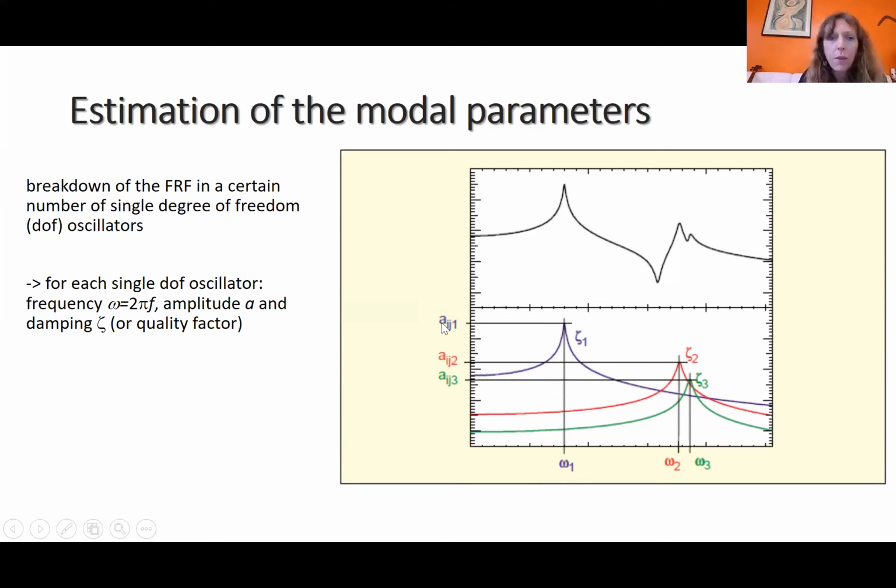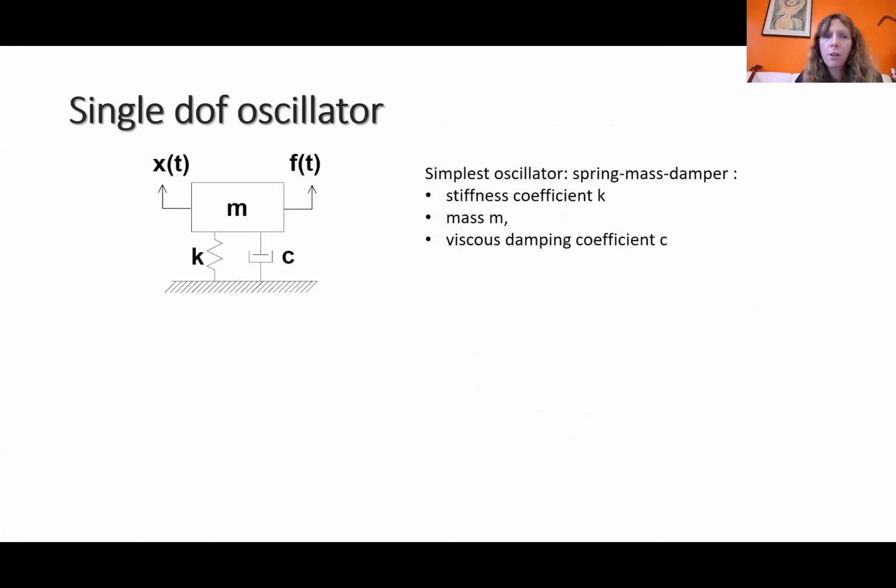You have the amplitude, so the height of the peak, and you have a quality factor or damping zeta, which is related to how narrow the peak is. And so from a frequency response, you can deduce the three modal parameters for each of the modes or resonances.